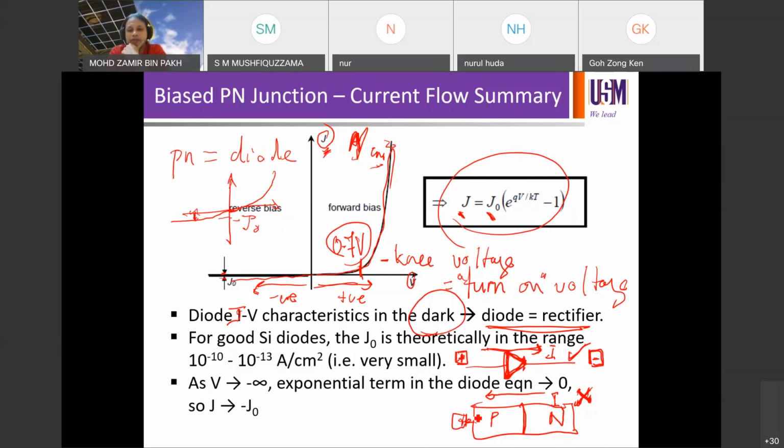If you put the positive to the left and negative to the right, are we forward biasing or reverse biasing? Positive to the left, negative to the right: forward biasing. Forward, right? So if you forward bias, can the current flow in a diode?